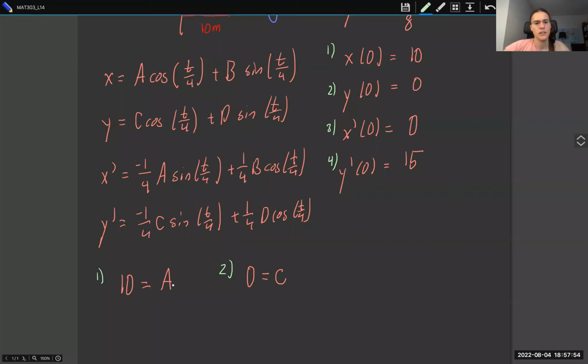From 3, we get that x prime is 0, equal to 1/4 b. And from 4, we get that 15 is equal to 1/4 d.